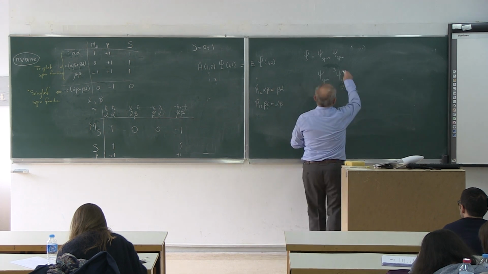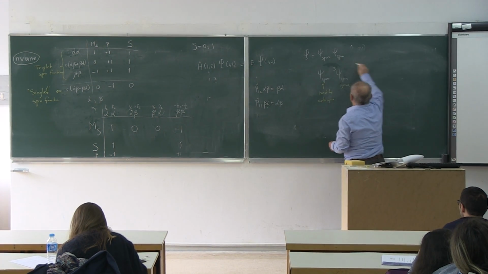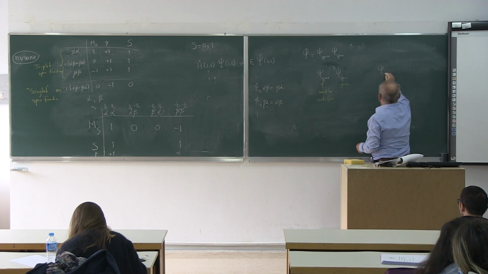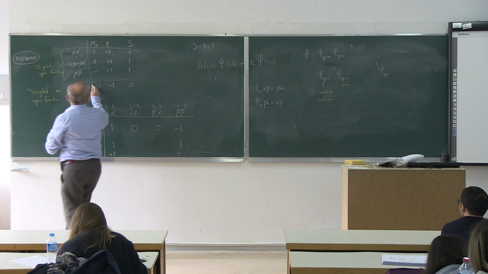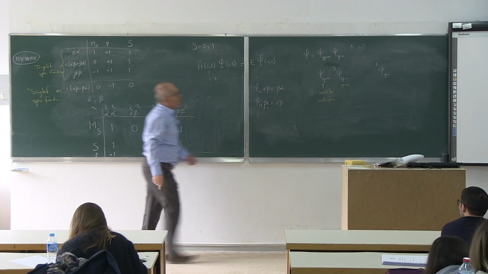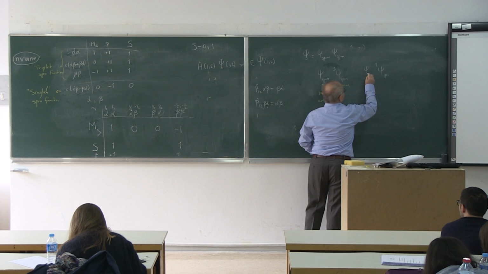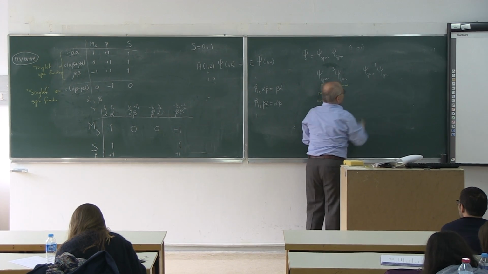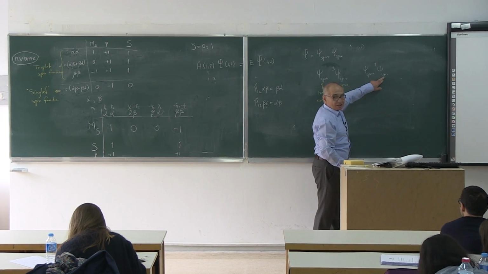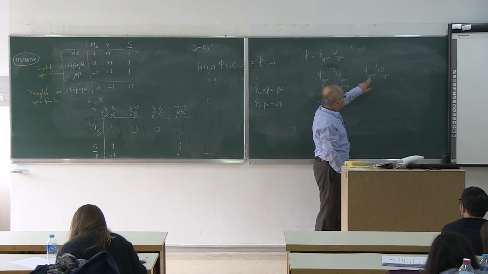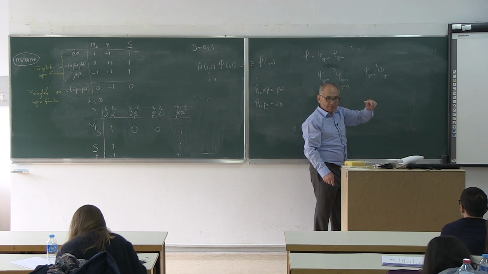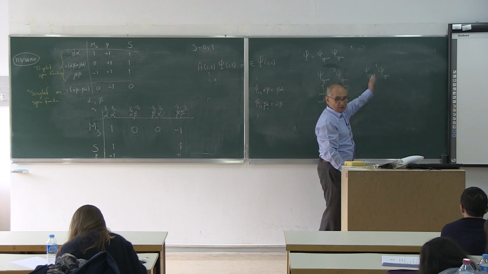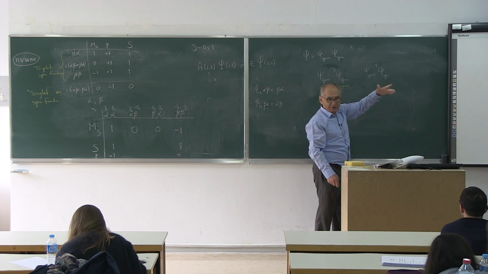On the other hand, if for psi spin we take the singlet spin function, this function, and multiply it with another space function, because this is antisymmetric with respect to spin exchange, it is necessary that the space part has to be symmetric with respect to electron exchange, so that the overall change is antisymmetric.